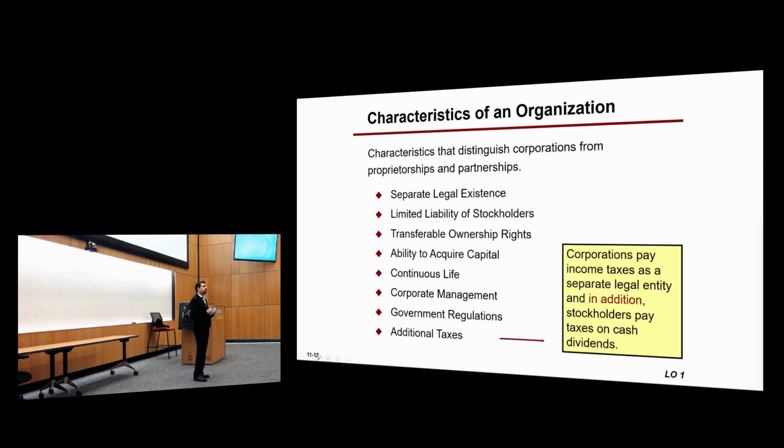With corporations, because a corporation is a separate entity itself, they will have to pay income tax. So the company will pay income tax, and later on, when they send dividends to their investors, investors will also have to pay taxes on that dividend as well.